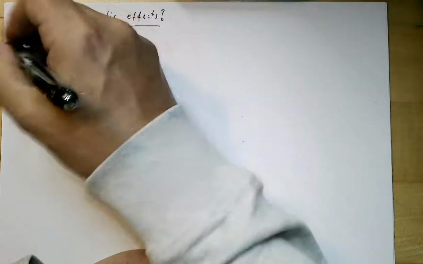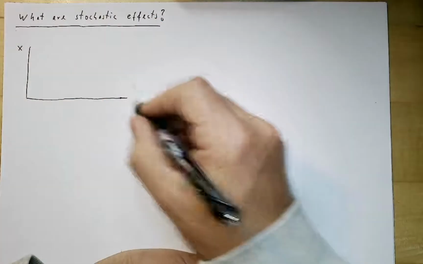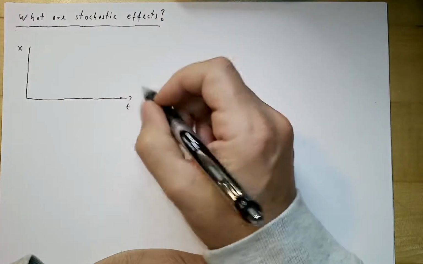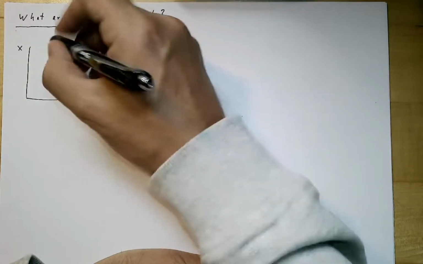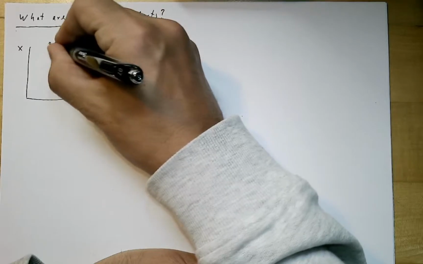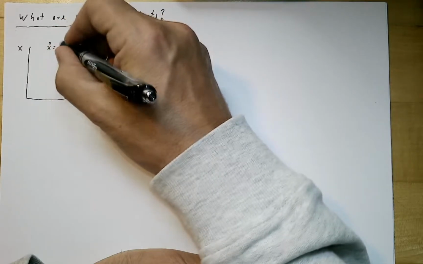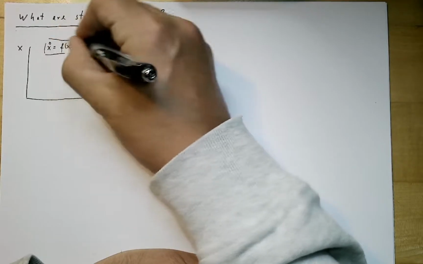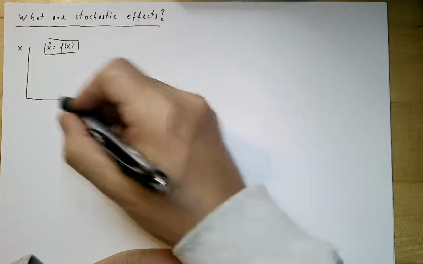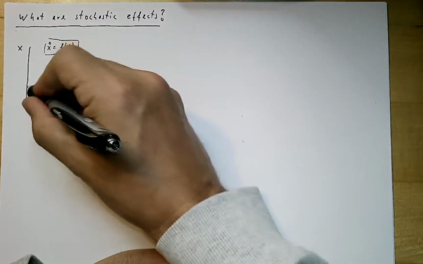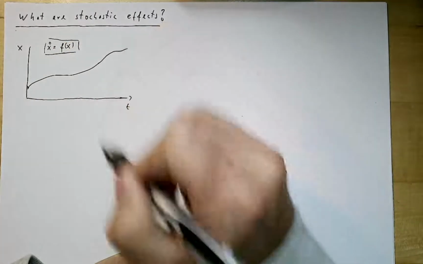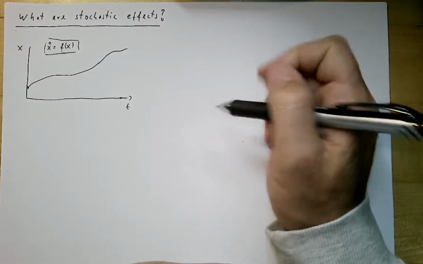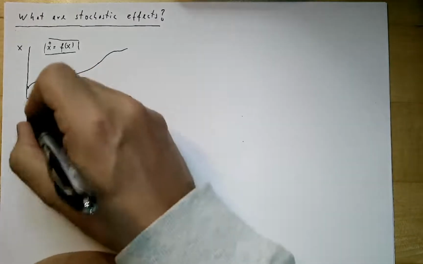So typically we have a state variable x and it depends on time. And then we have some differential equation and we say x dot, the time derivative, depends on x. We have some model. And then we can solve the model from an initial position and then we get some kind of trajectory when we have a deterministic model.